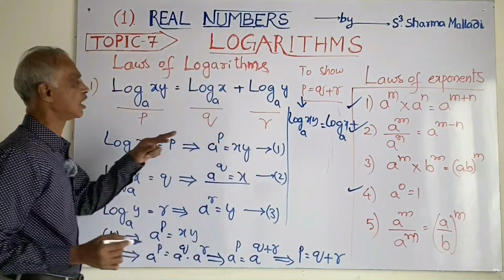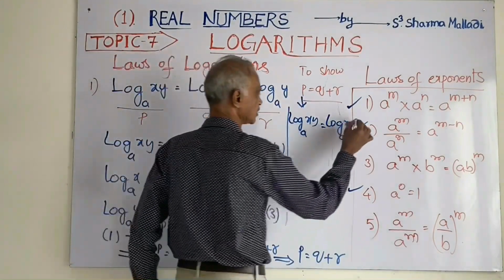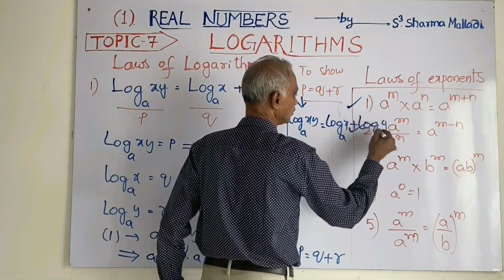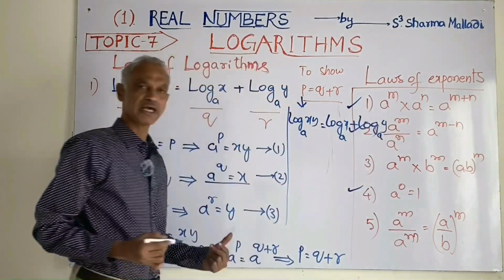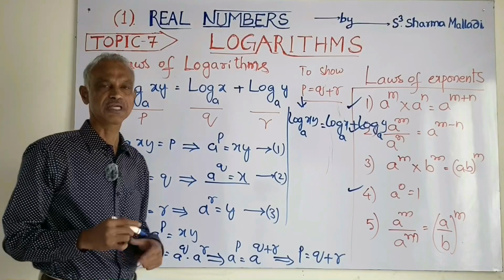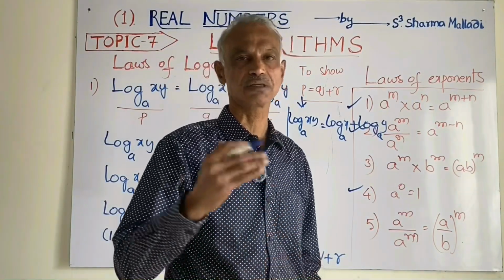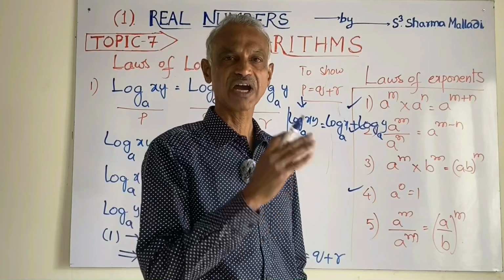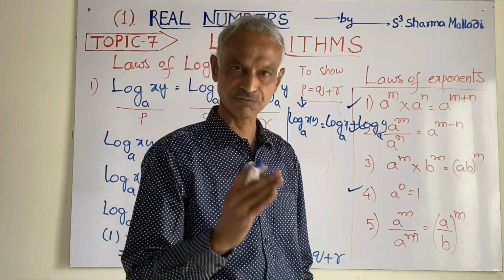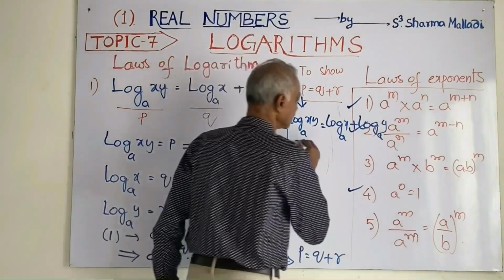Next, what is r? Log y to the base a. As we got log xy is equal to log x plus log y. Log AB can be written as log A plus log B. Log 5 into 10 can be written as log 5 plus log 10. Like that, you should remember this formula.